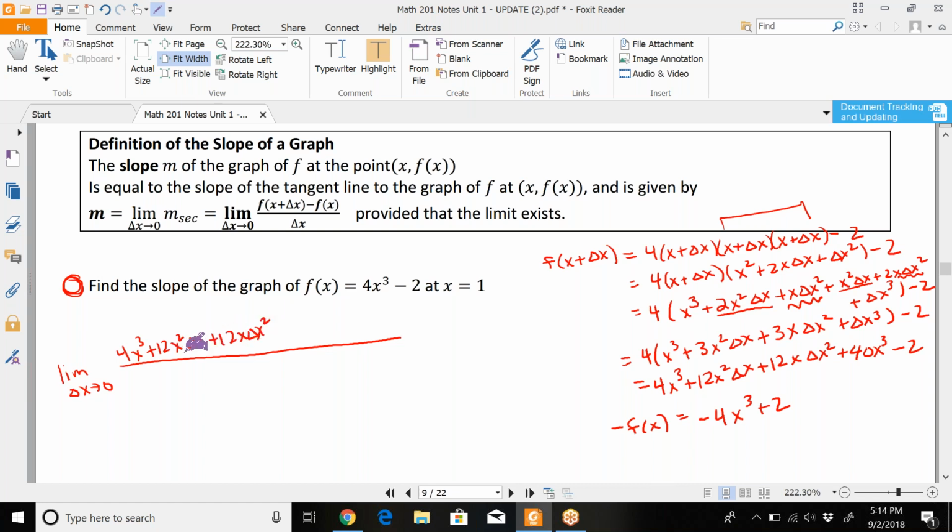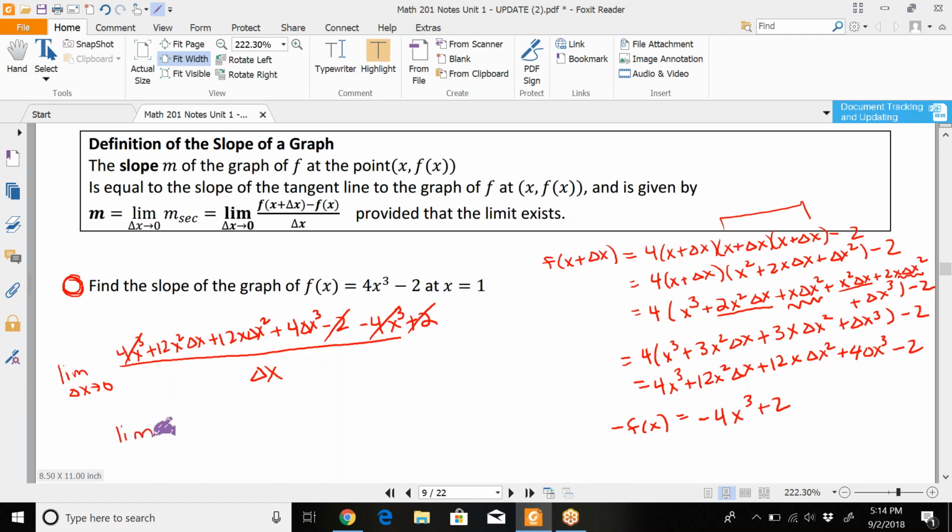Those are not like terms because different things are being squared. Plus a 4 delta x cubed minus 2, and then this is the other one, minus 4x cubed plus 2, all over delta x. So my 4x cubes are going to cancel, so are my 2 and my negative 2.